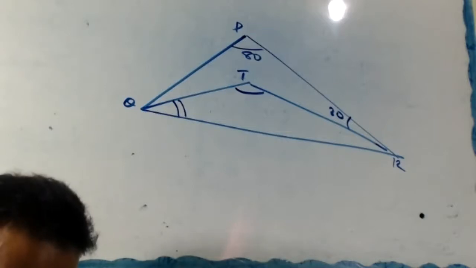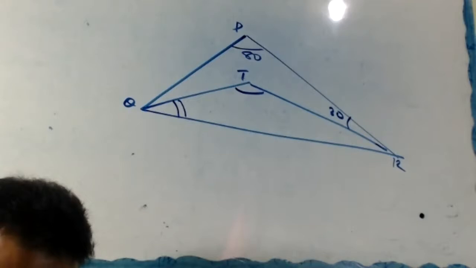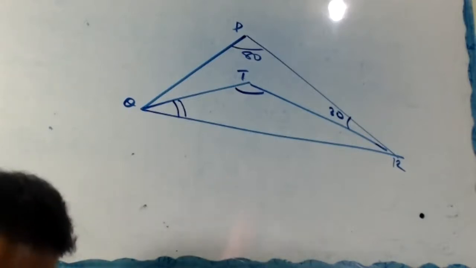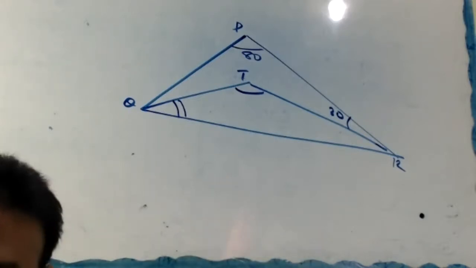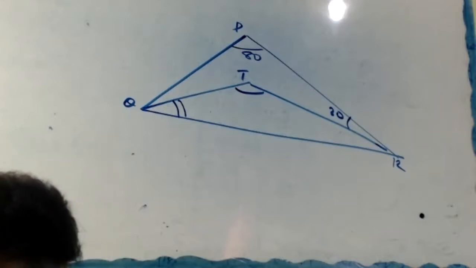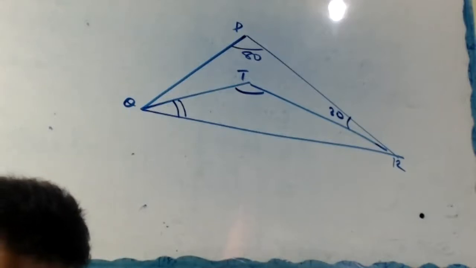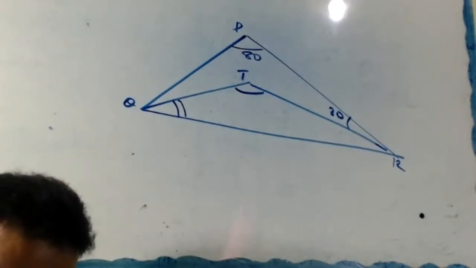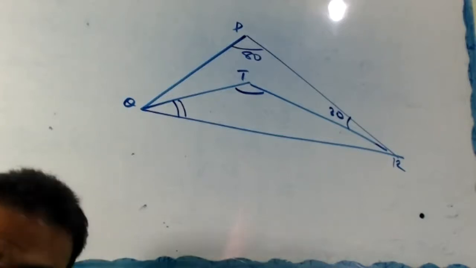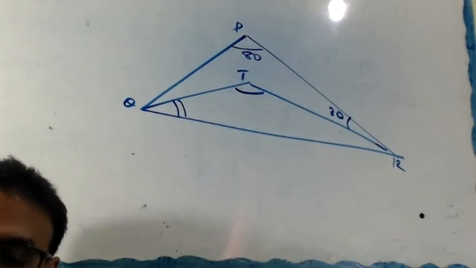Q is not given, no. Then why do you bother about it? Okay, if you finish, you'll get TQR 20 and QTR 130.